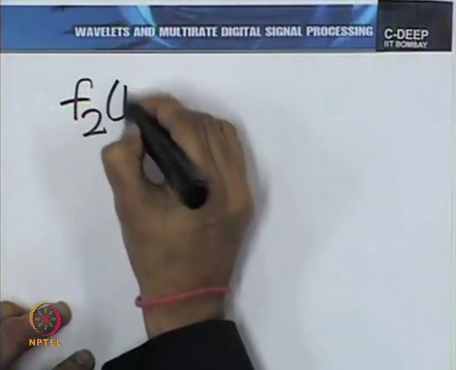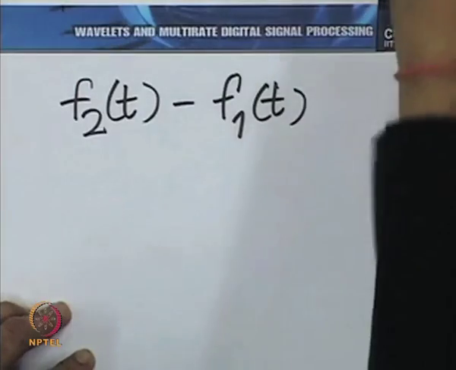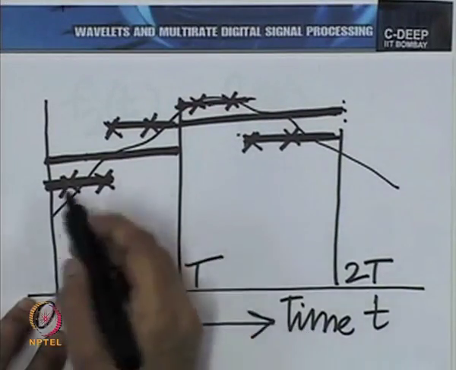So, now let us see how f2(t) minus f1(t) would look. It is very easy to see that f2(t) minus f1(t) has an appearance like this. Let me flash them before you, f2(t) and f1(t), just for a second here, so that you get a feel.